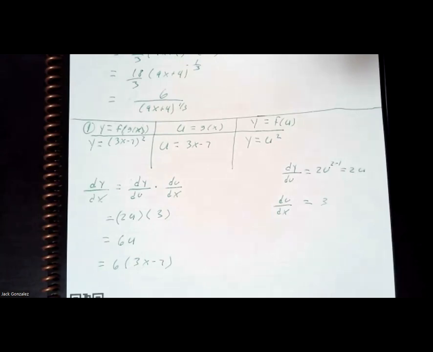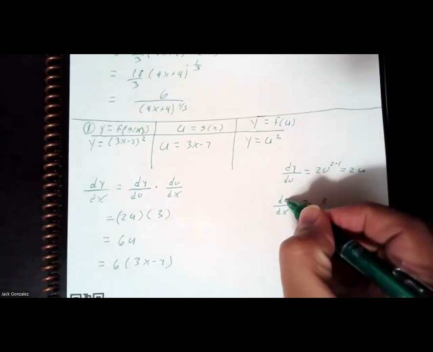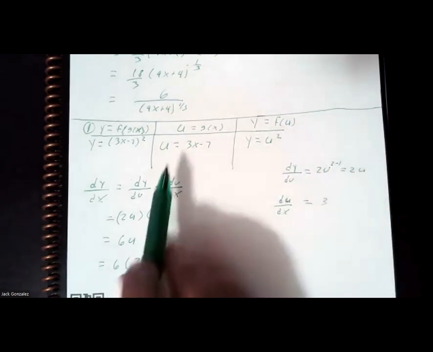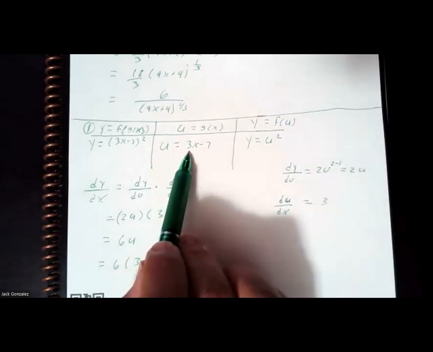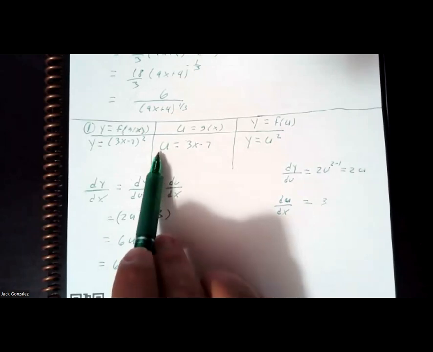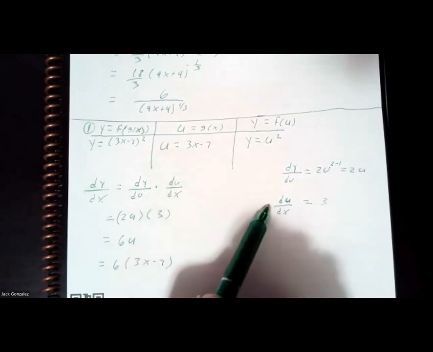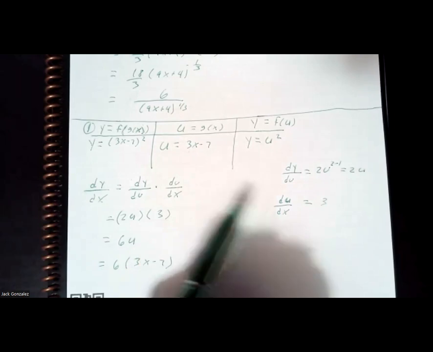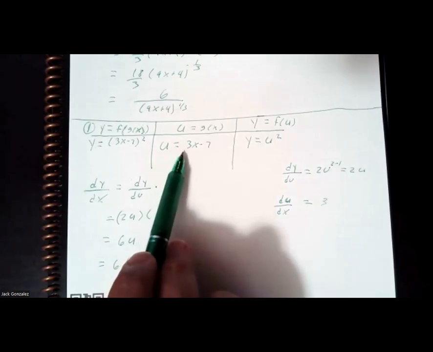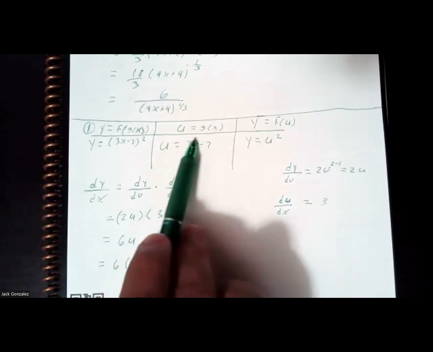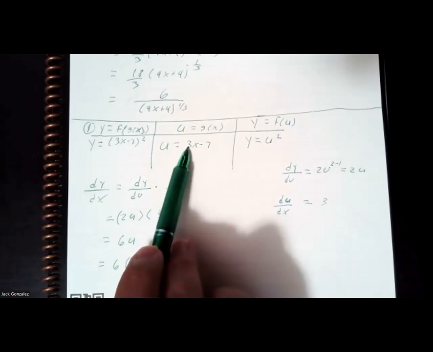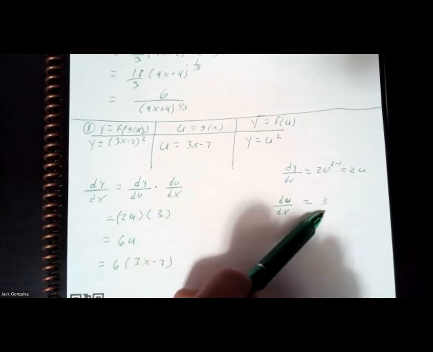Professor, can you go over how you get the 3 for the du over dx? So this is u right there, right? So the derivative of this, that's what this means. du with respect to x would be the derivative of this with respect to x. So that would be 3, right?